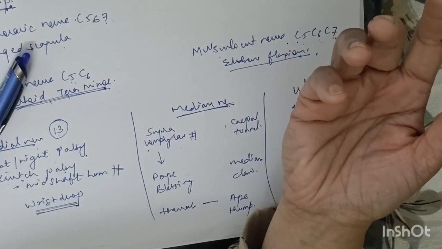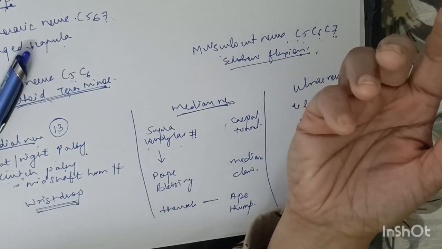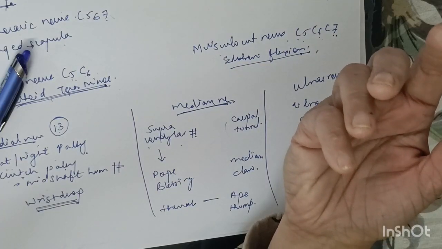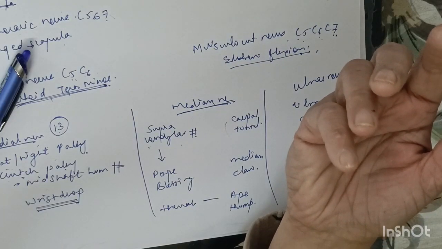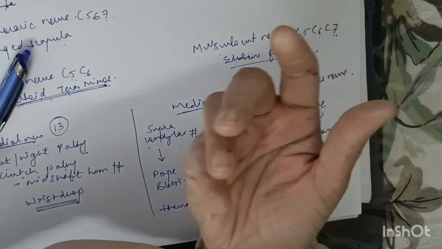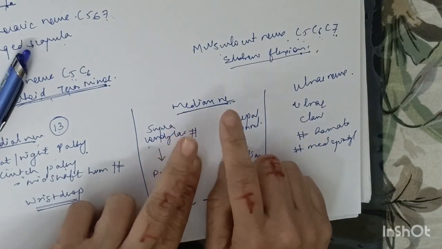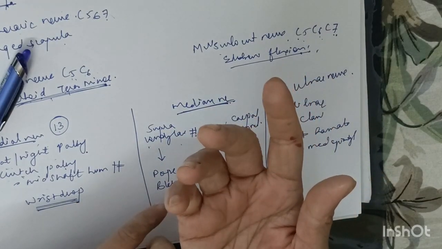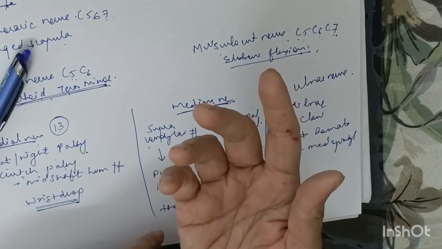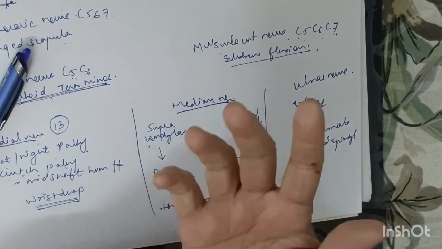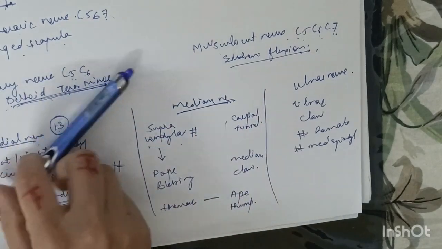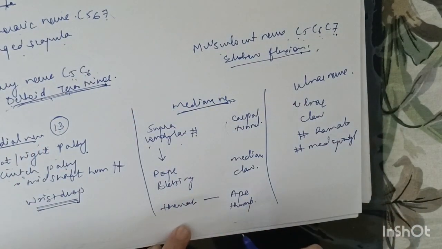These include pronator teres, flexor carpi radialis, palmaris longus, flexor digitorum superficialis, flexor digitorum profundus, and pronator quadratus. FDS and FDP are supplied. Flexor pollicis longus and brevis, and the lumbricals, 2.5 fingers' worth, are also supplied. So these all are involved over here.